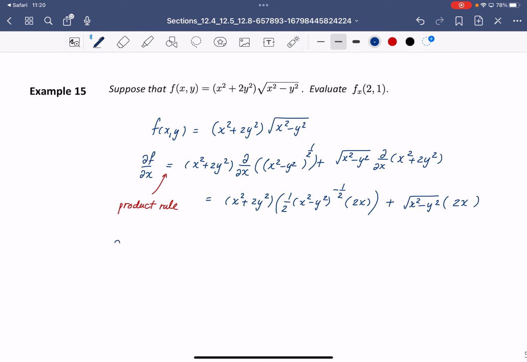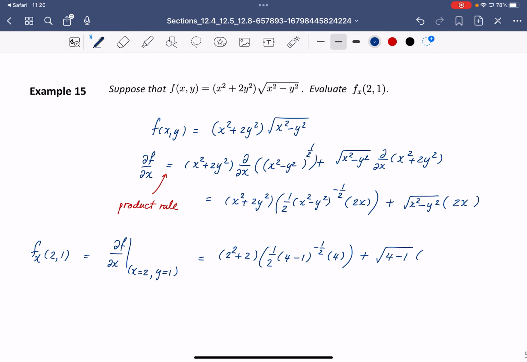And then you plug in everything at x equal to 2, y equal to 1. Or another notation is f subscript x at 2 and 1, and then you compute it. So this is actually 2 squared plus 2, and then 1/2. This is 4 minus 1 to the 1/2, and then times 2, and then times 4, sorry, times 4, and then plus 4 minus 1 times 4.